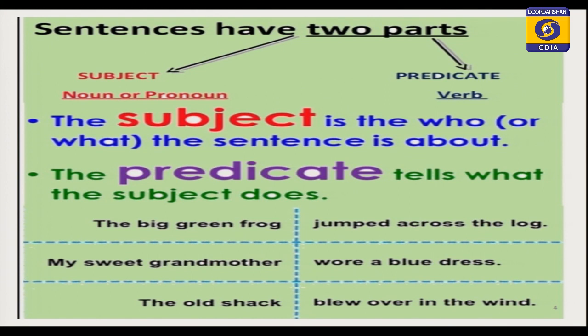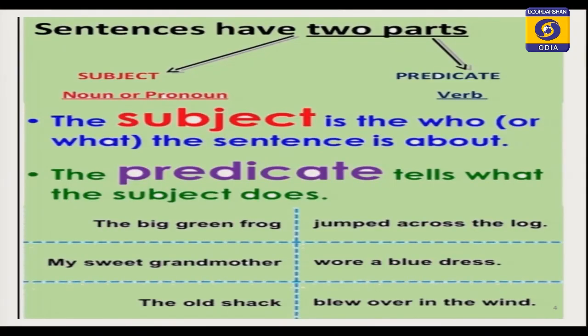And in predicate, there must be a verb. The subject is the who or what the sentence is about. What is a predicate? The predicate tells what the subject does.